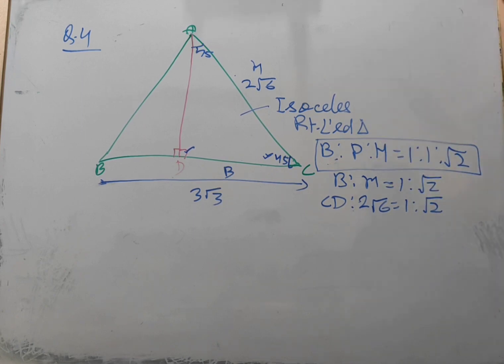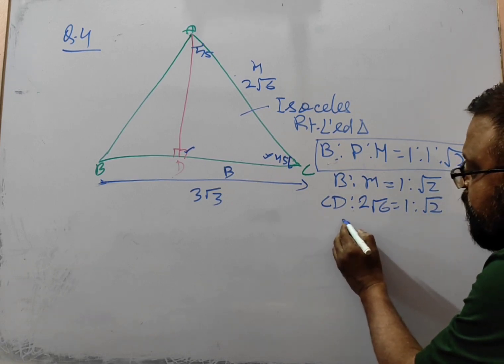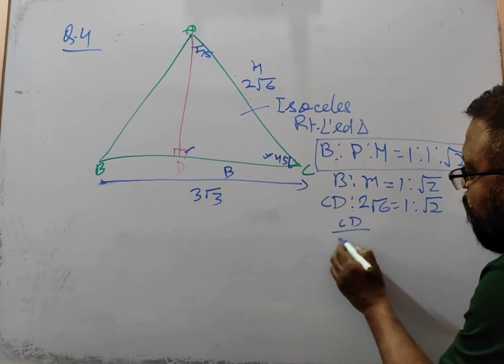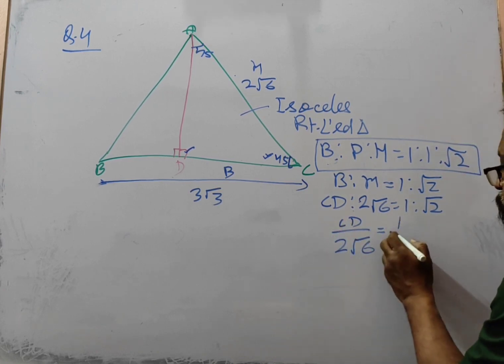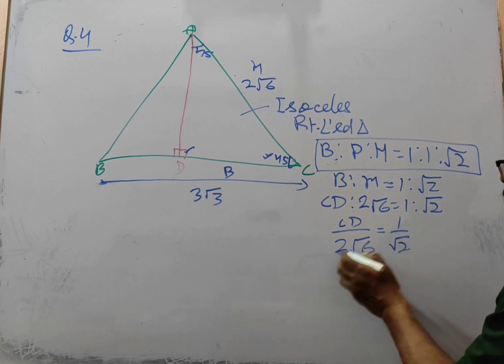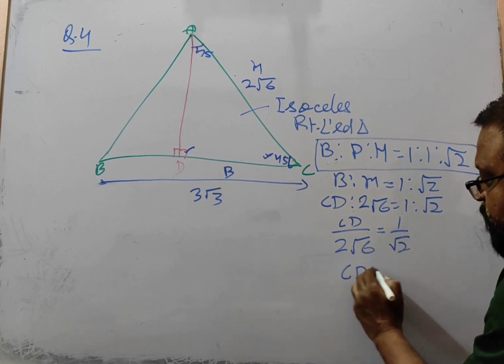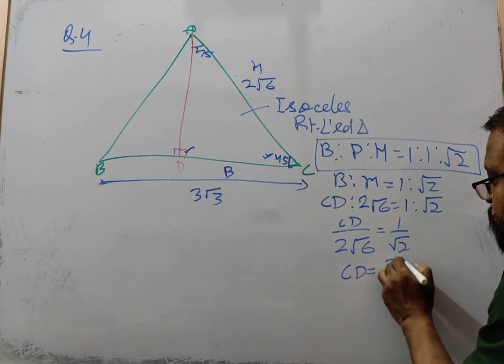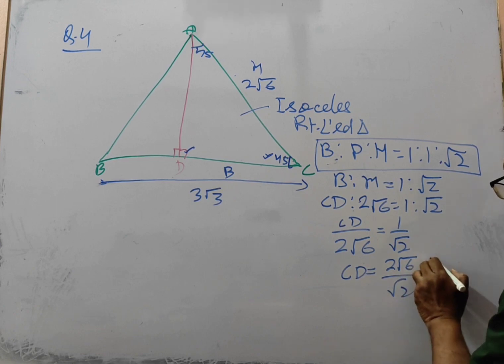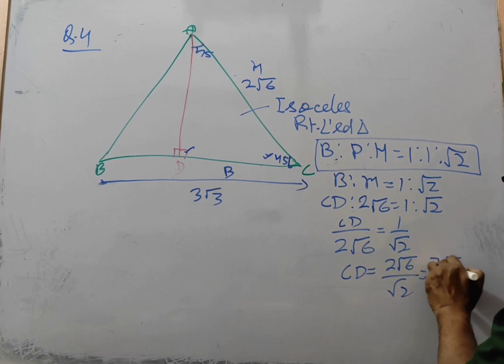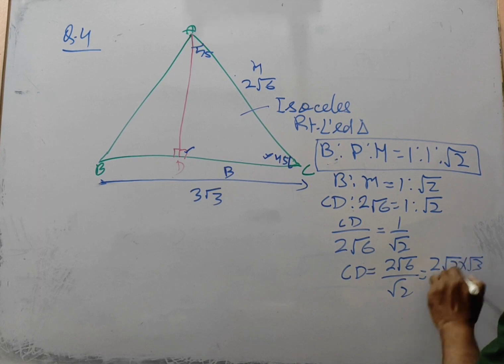So CD upon 2 root 6 is 1 upon root 2, right? Cross multiplying, CD is equal to 2 root 6 upon root 2, and 2 root 6 means 2 root 2 into root 3 upon root 2. So root 2 and root 2 are gone.